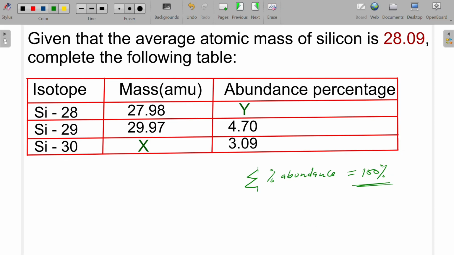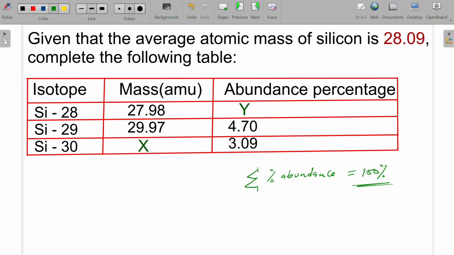In this case, we've got three isotopes, and the sum of those isotopes in terms of percentage abundance must add up to 100. So when we add Y to 4.70 and then add 3.09%, this must give us 100.